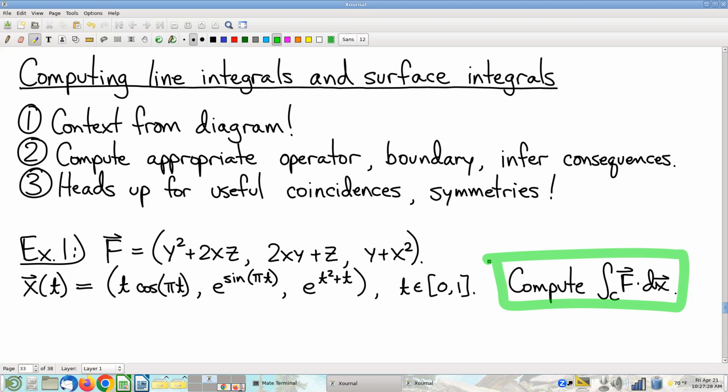Important point, notice that my curve here has 3 coordinates. That means I'm in 3 dimensions. Likewise, you can look at your vector field, 3 components, right? So again, we're in 3 dimensions.